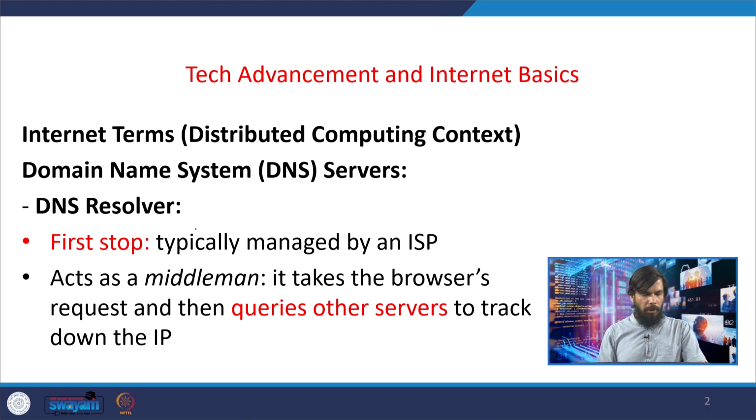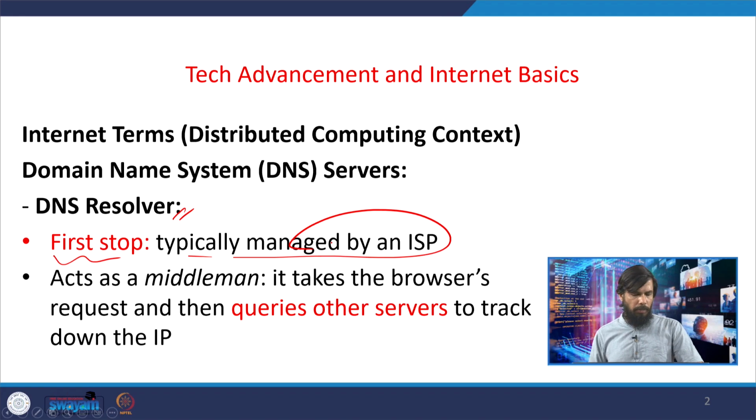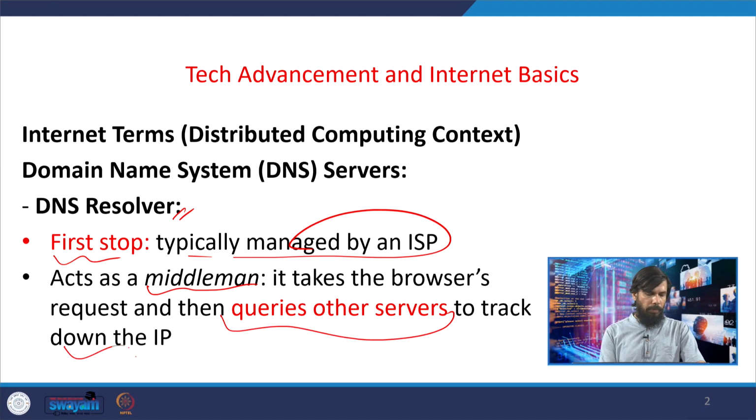So, we talked about that DNS resolver is the first stop, which is typically managed by an ISP, and this will actually act as a middleman and will take the browser's request, and if it does not have the numerical IP address for that domain name, then it will query the other servers to track down the IP. Now, this tracking down the IP might take a multi-step process.